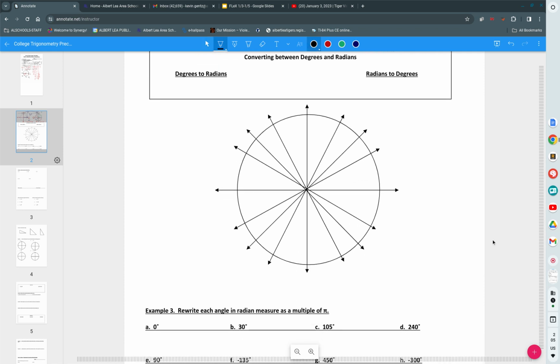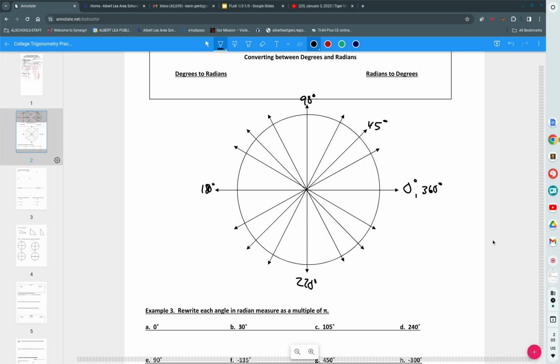We're going to lay out parts of the unit circle with more angle measurements than just 0, 90, 180, 270, and 360. We mark this as 0 degrees, then 90, 180, 270, and 360. Halfway between 0 and 90 is 45.